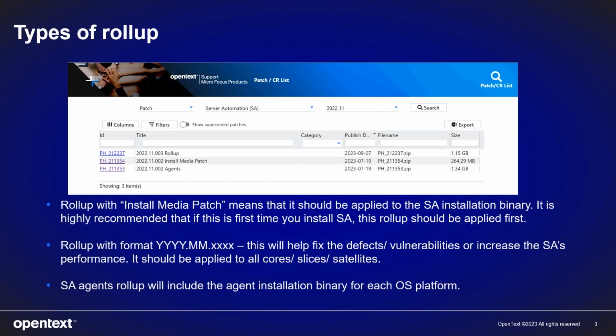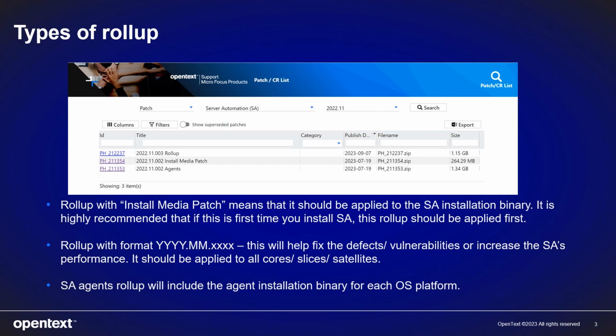If you access the URL I provided in the previous slide and navigate to the section for Server Automation, you will see there are three types of rollups. I will introduce them in the order in which we normally apply them to an SA server.